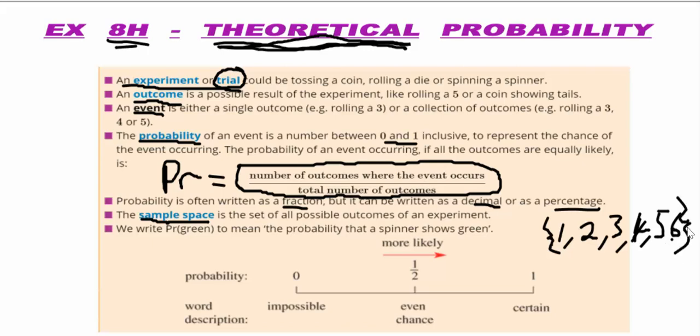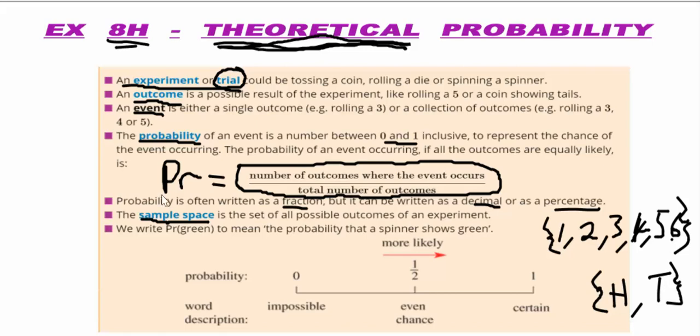It is just a list of all the possible outcomes. That is called the sample space, so all possible outcomes in an event. If we're doing heads and tails, again, squiggly lines, heads, tails. If it was a spinner with different colours, then you write the different colours: red, blue, green, yellow, whatever colours are on that particular spinner.